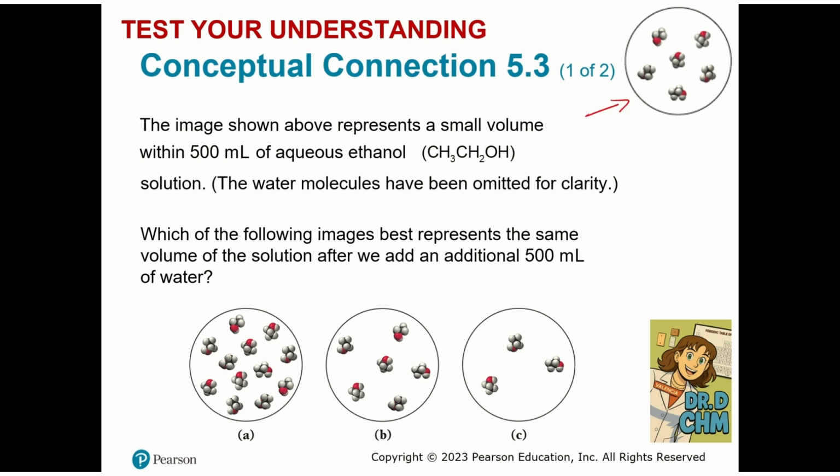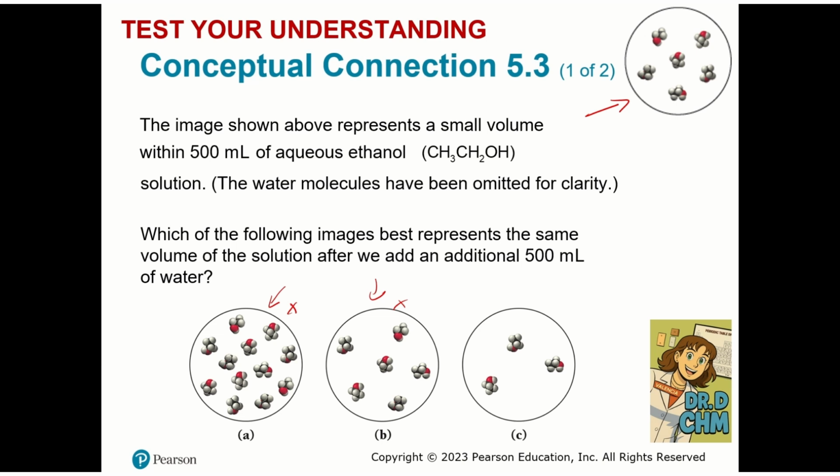If you add an additional 500 milliliters of water, how do you think it's going to look? The molecules will stay the same, however they will be more separate from each other. These look the same. These have more molecules of ethanol, so it doesn't make sense. So this cannot be. These look the same distance from the others, like an equal image.